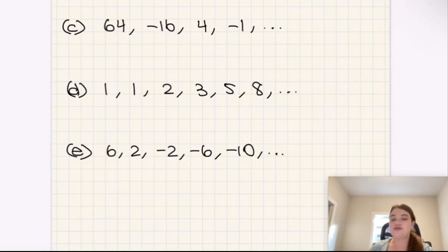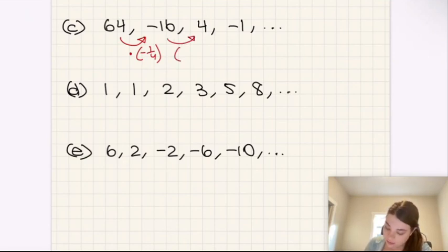But what about geometric? Well, the thing is with geometric is that we can divide 64 by negative 4, right? Or multiply it by negative 1/4 to get negative 16. We can multiply this by negative 1/4 again to get 4.